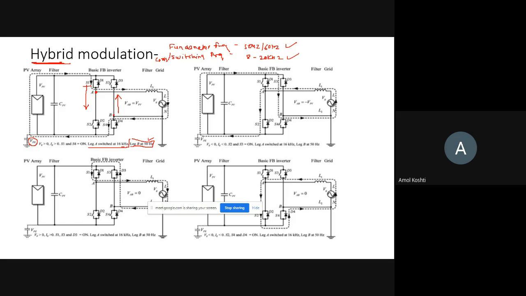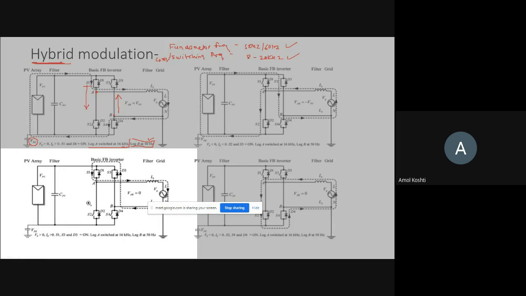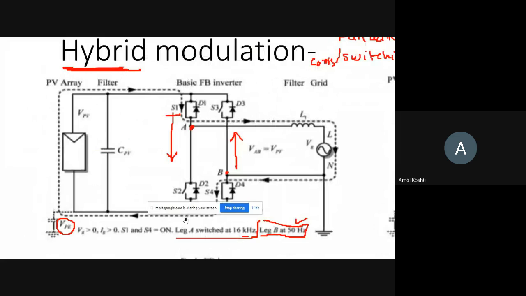Now you tell me which switch is switched more frequently, either this S1 switch or this S4 switch. You just simply read over here: leg A switched at 16 kilohertz, and leg B at 50 hertz.